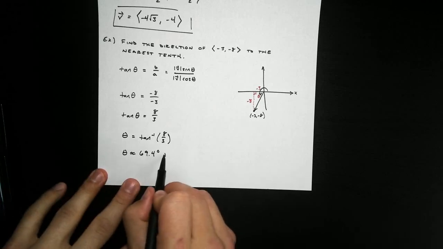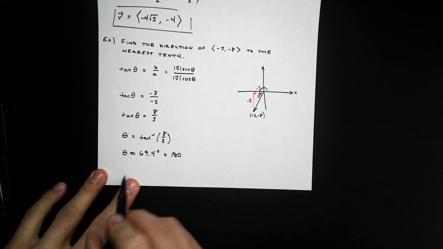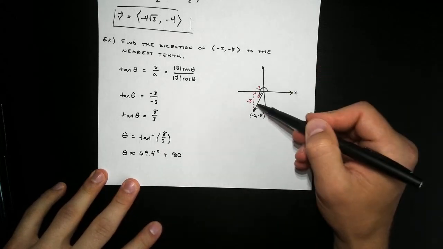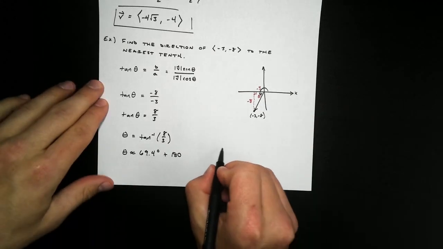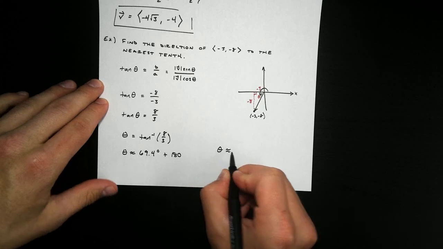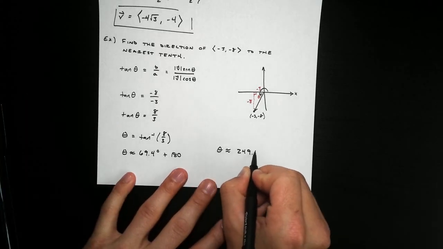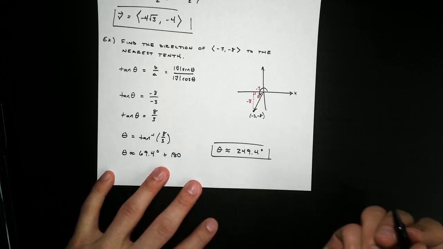So to do that, we'll just add on 180. Right, so this gives me the angle that's over here. I need to get to the other side, so adding on 180. So our angle, our direction, is about 249.4. And that angle makes much more sense.